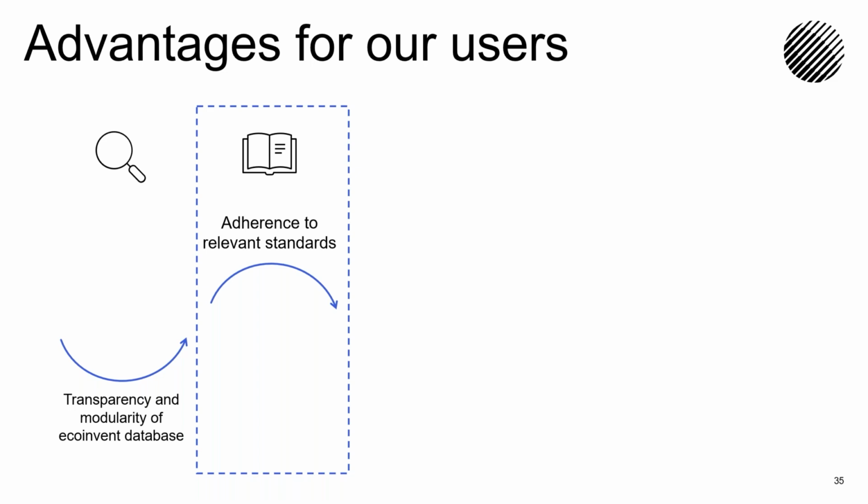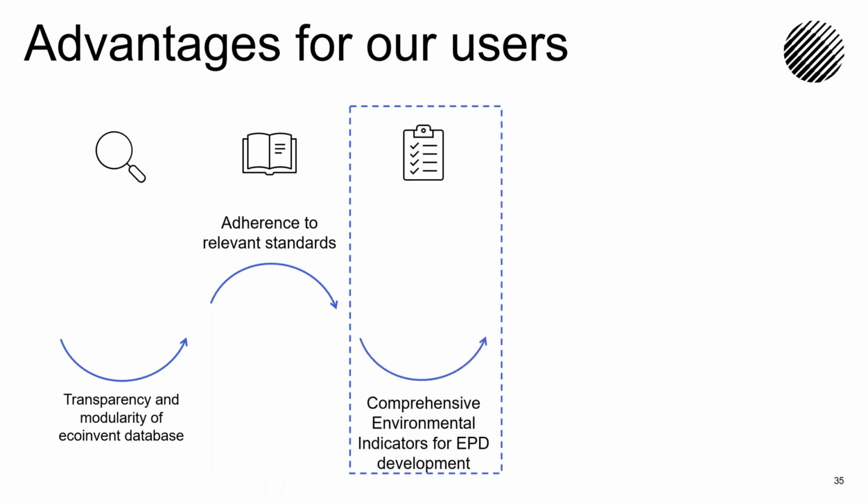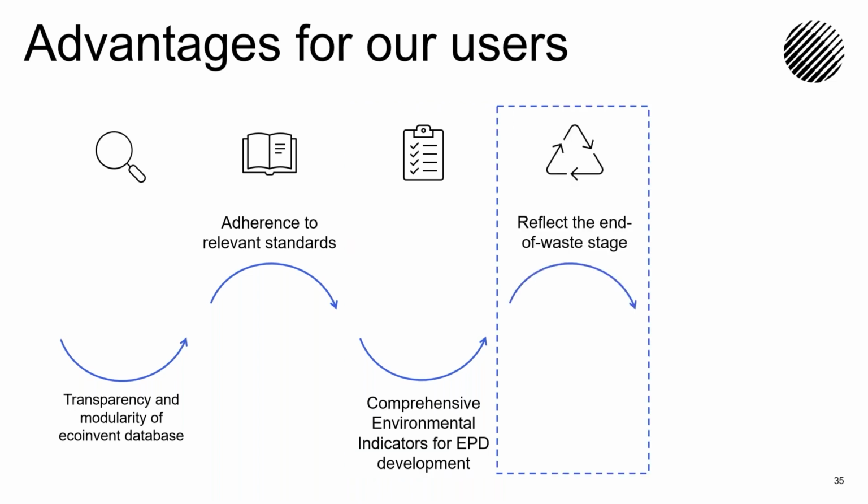So, for example, EN15804 plus A1, but also plus A2, the ISO 21930, ISO 14025, also technical report 16970, and for biogenic carbon 16449. So it includes, because of that, comprehensive environmental indicators that are useful for EPD development and for writing life cycle assessment reports for the EPD development.